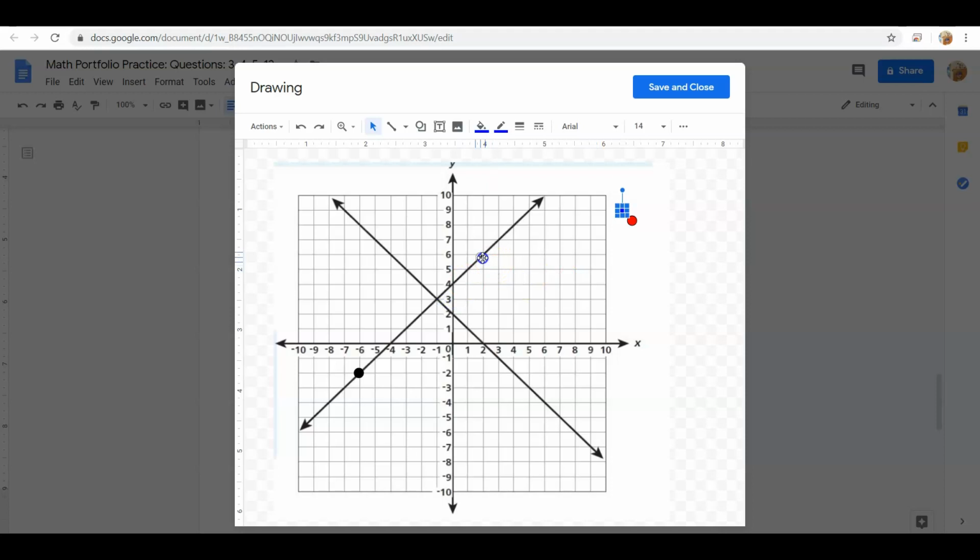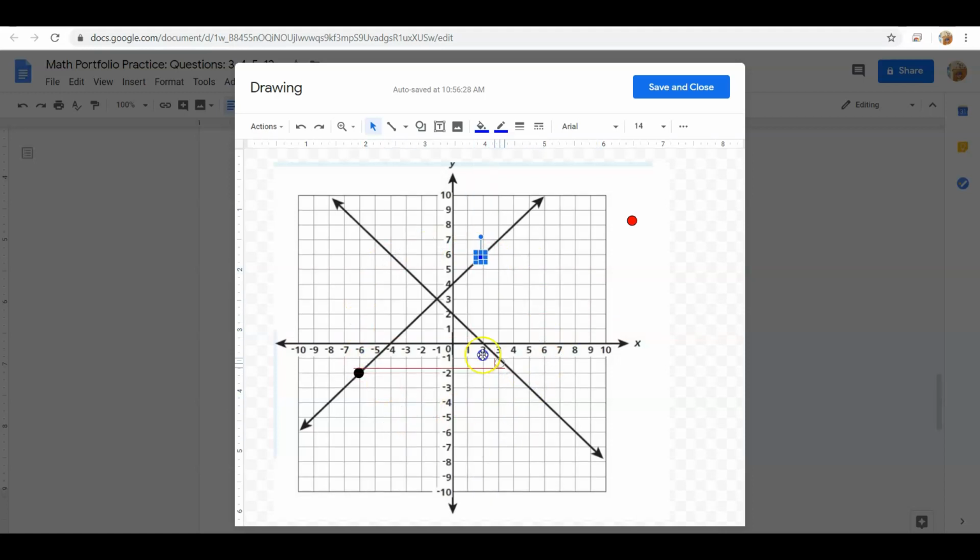So if you put it here, you ask yourself, is this a solution to both of these equations? If it is on both lines, then the answer is yes. But this is only on one of these lines, so it is only a solution to one of the equations. So I'm going to take this blue dot and find the place where it is on both lines.